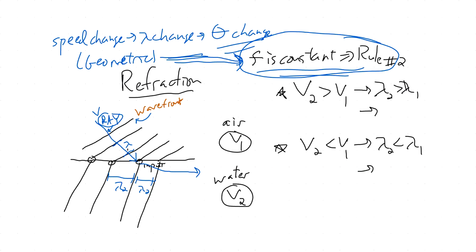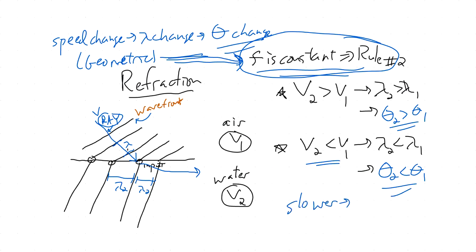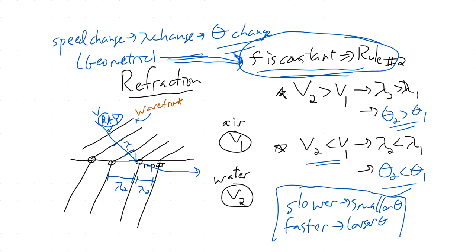So here the angle must be different. And we're going to see that theta 2 is greater than theta 1 here, and theta 2 is less than theta 1 if it's slower. So slower means smaller angle, faster means larger angle. That's the concept, really important concept for refraction. Write that down and put it in a box.